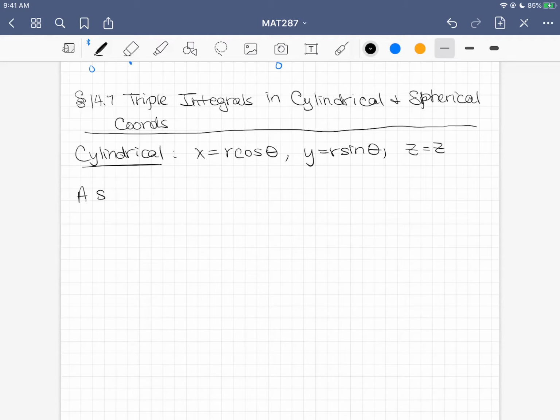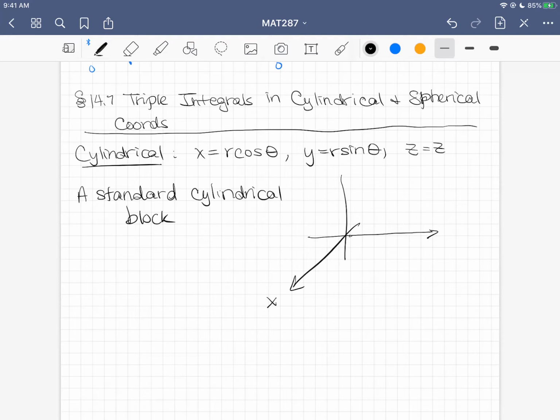And so we're going to think about a standard cylindrical block, x, y, z here. Think about taking, say, a polar sector and then raising it up in the z-axis.